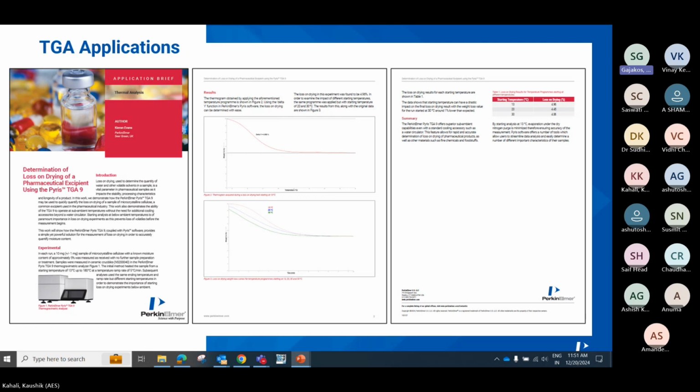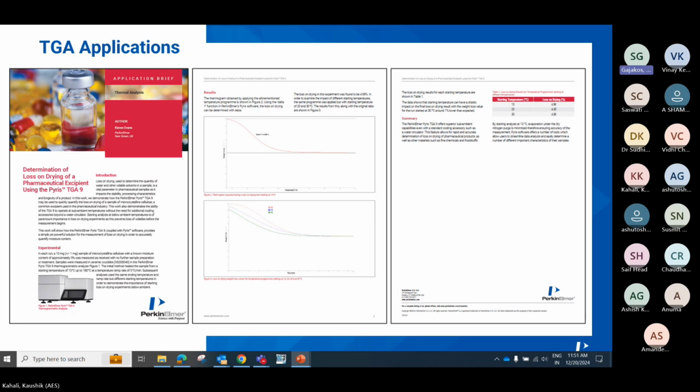So they should be checked before they are released in the market. Also, this information is very important for the formulation of these drugs. If there is some problem with the samples, then the formulation will not happen accurately, and there will be a lot of problems with the formulation, as well as an impact on human health.